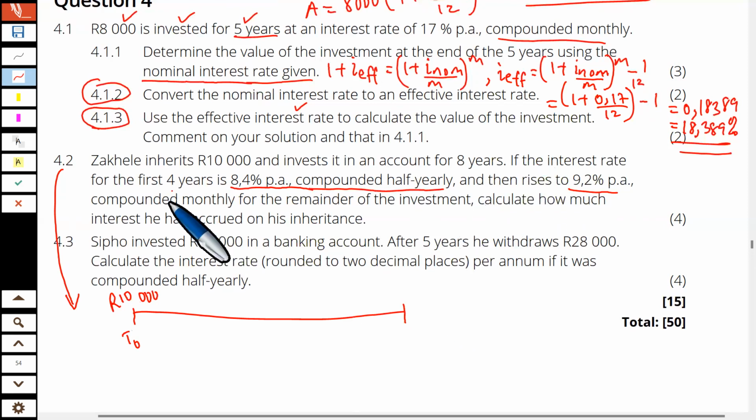If the interest rate for the first 4 years is compounded half yearly, and then it rises to that compounded monthly for the remainder of the investment. For 4 years, how many half years are there? So you're going to go up to time 8. So here you're dealing with the half years.